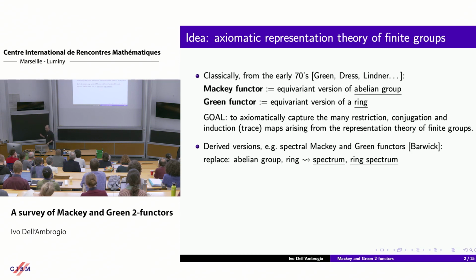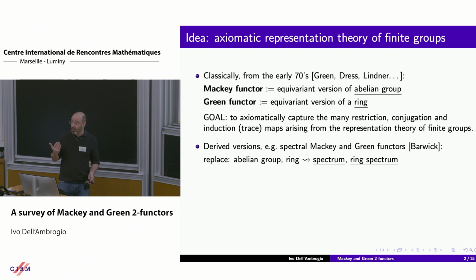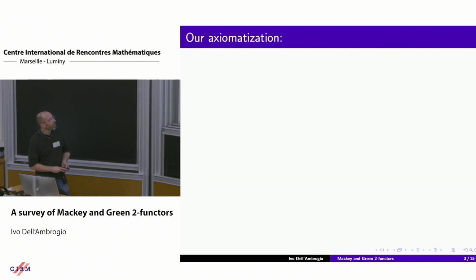So most of you probably know that if you take a genuine G spectrum, its homotopy groups are naturally a Mackey functor for the group G, an algebraic one in the original sense. But sometimes you want a bit more structure and so on, so you need fancier definitions.